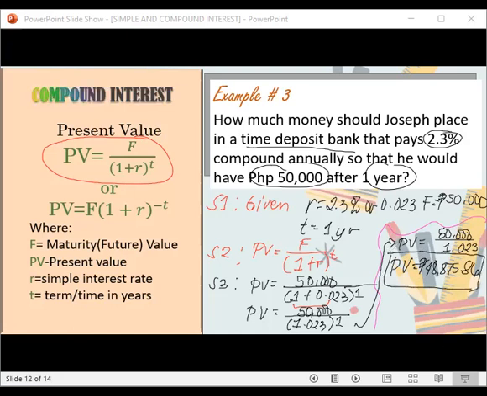So, kung gusto mo daw, doon sa bangko na 2.3% ang rate, magkaroon ng 50,000 pesos pagkatapos ng isang taon, kailangan mong mag-deposit ng 48,875.86 pesos. So that is our final answer sa example number 3.